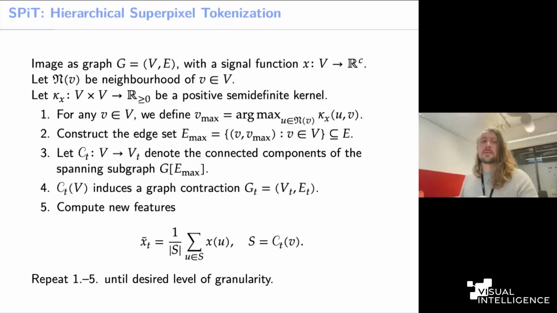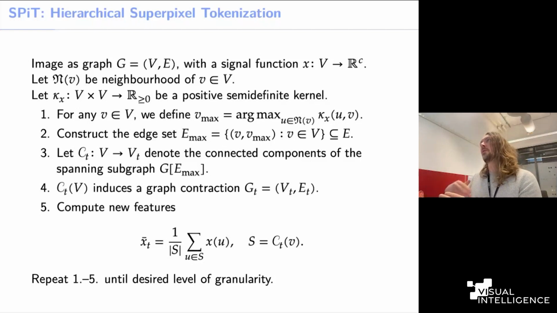We define a neighborhood of each vertex, and then we define some kernel. In this original work, we used a cosine kernel. For any vertex v, we define this v max, which is the maximally similar vertex in each vertex neighborhood.